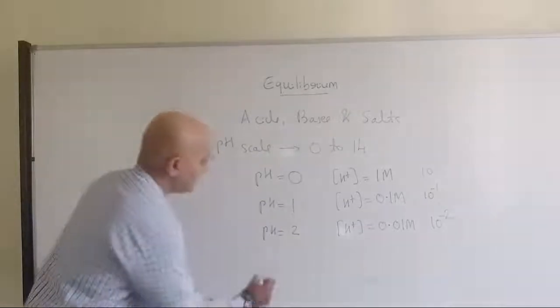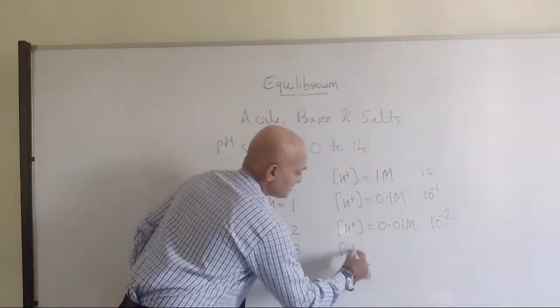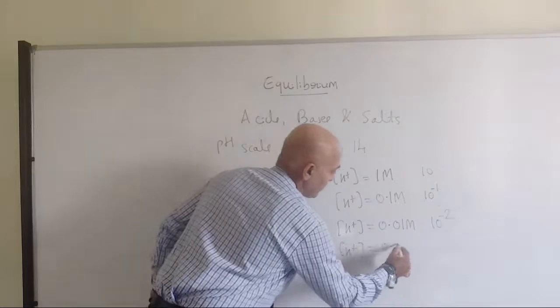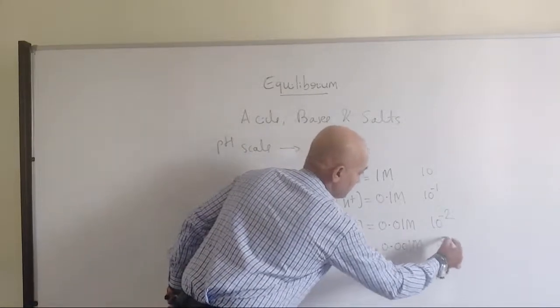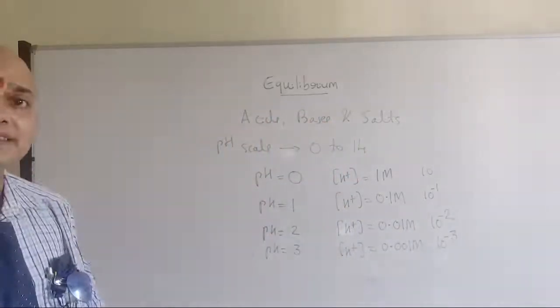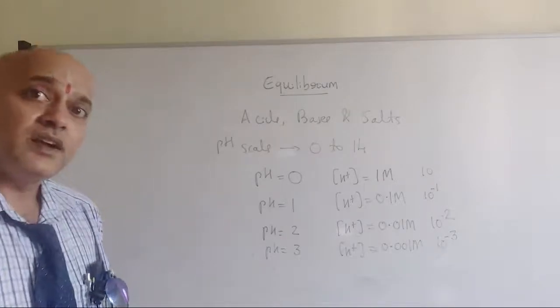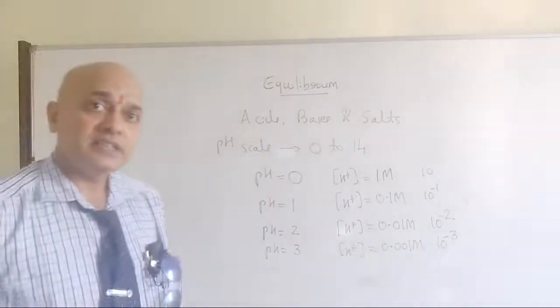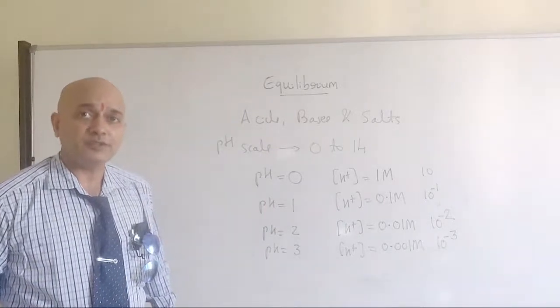Now if I take pH 3, naturally H plus concentration will be 0.001, so 10 to the power of minus 3. So that's how it will go on. Fine? All of you have understood? So that's how we should understand the pH scale or pH value.